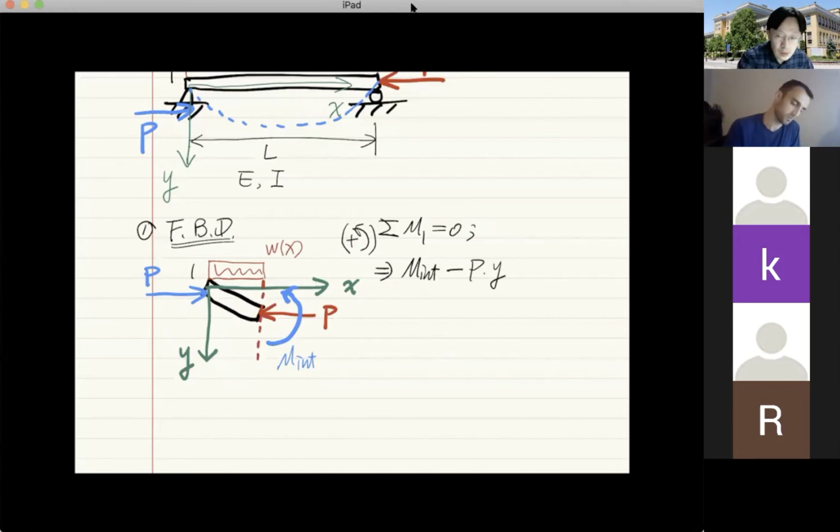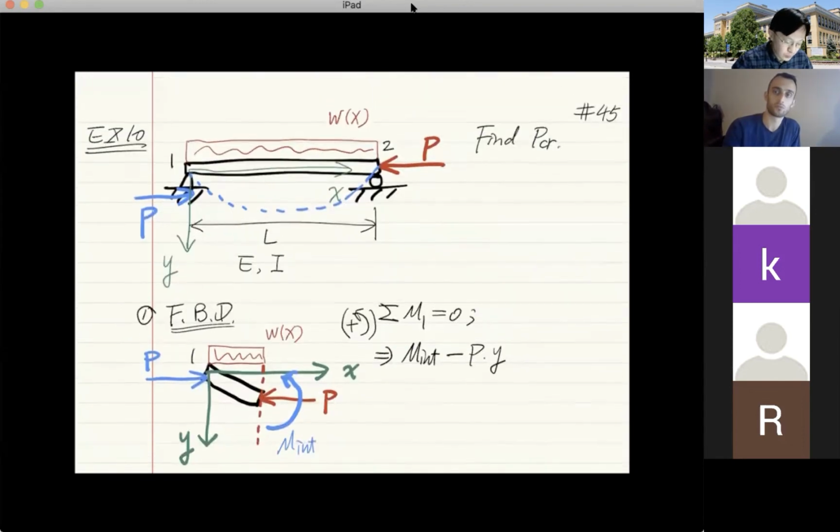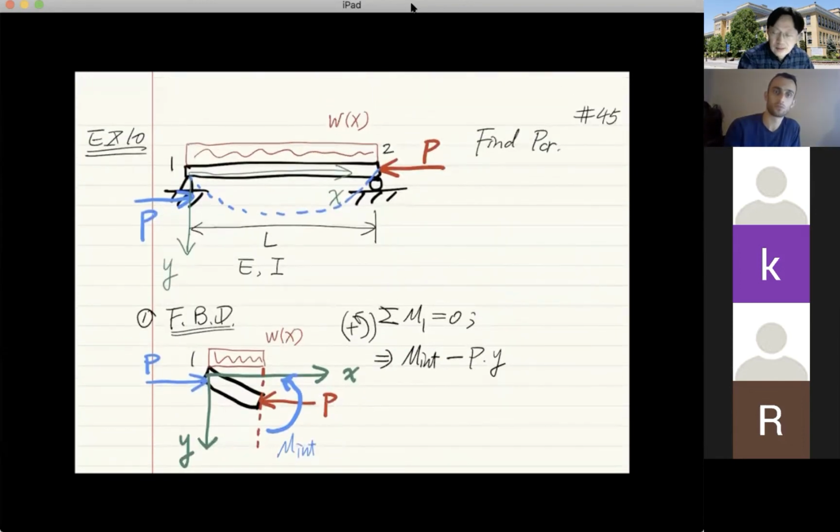Well, actually, we missed one more thing, and we actually made a huge mistake here. Before we continue, what did we forget? The reaction at 1. Yes, we forgot about the reactions, because in this problem we have lateral vertical force, right?